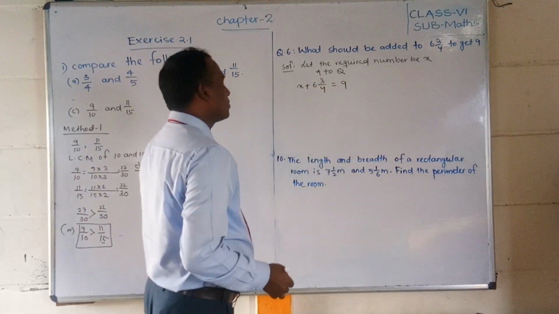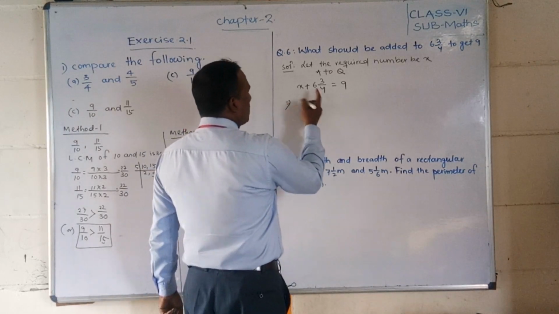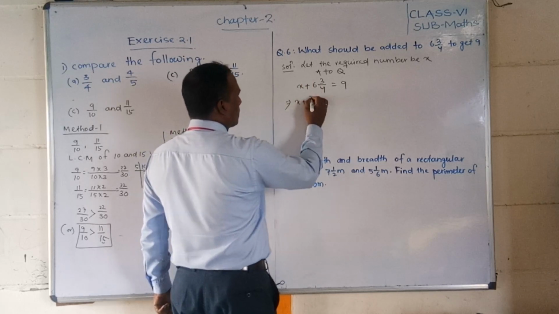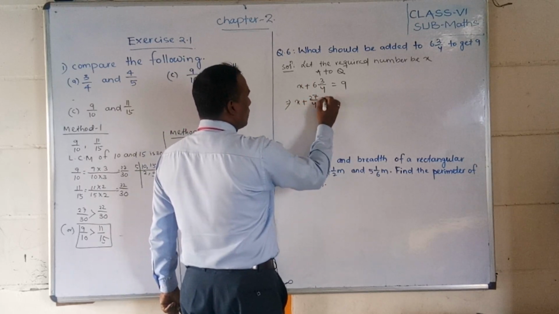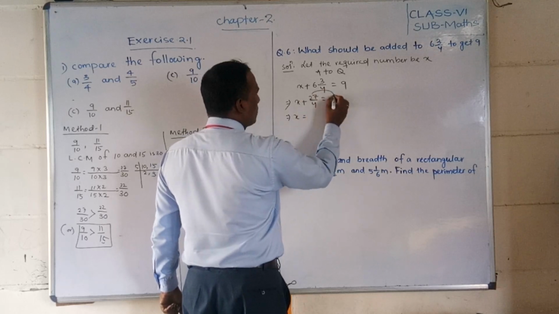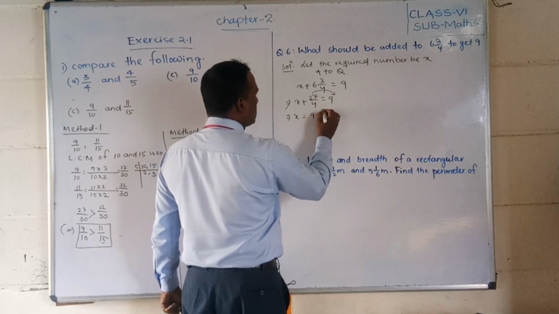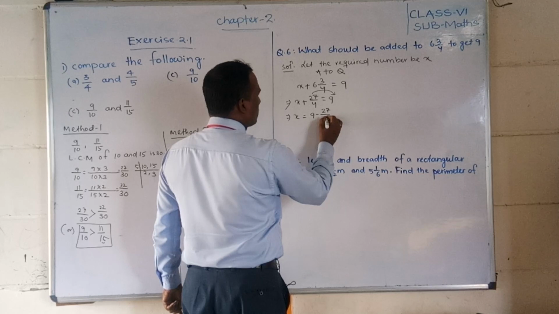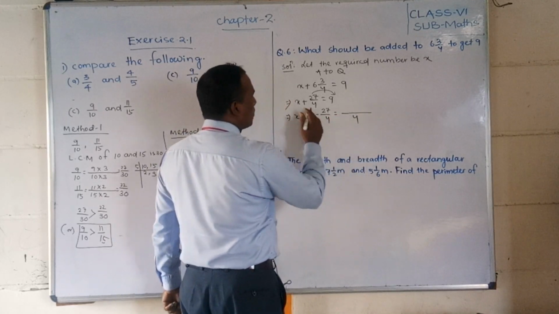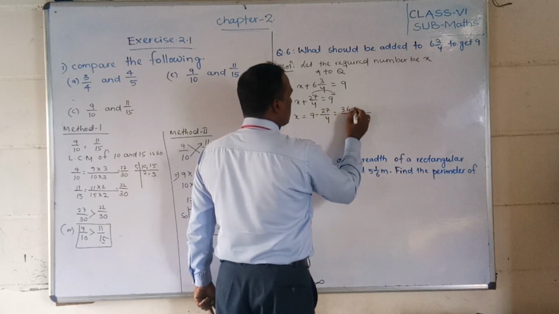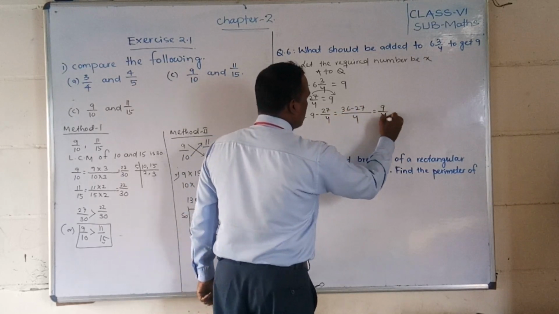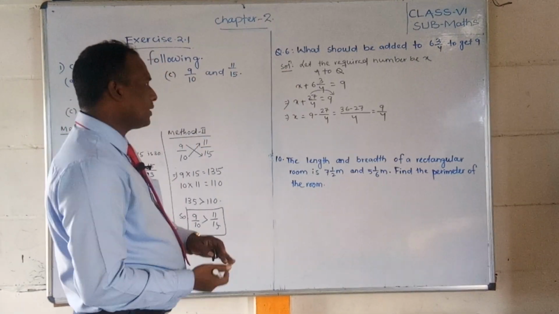So, if we do that, x plus 6 fours are 24, 27 by 4, is equal to 9, which implies x is equal to, this one will go to the right side, so 9 minus it. Or we can take LCM 4, 9 fours are 36 minus 27, so how much? 9 by 4. What did you get?